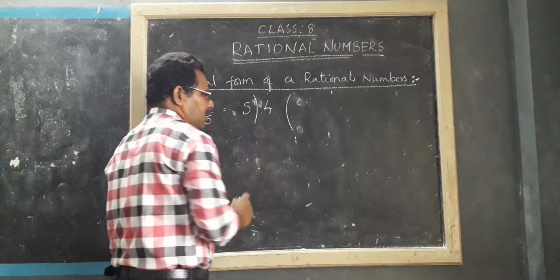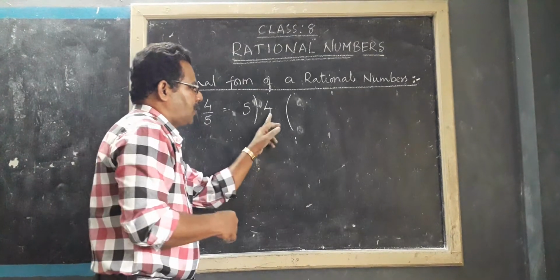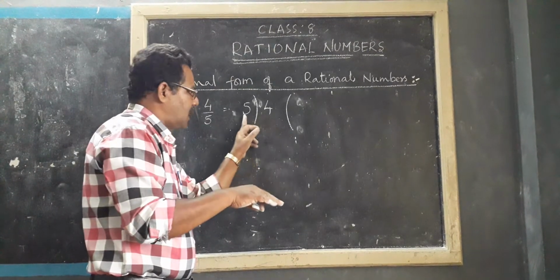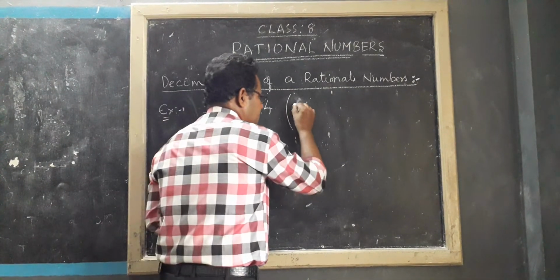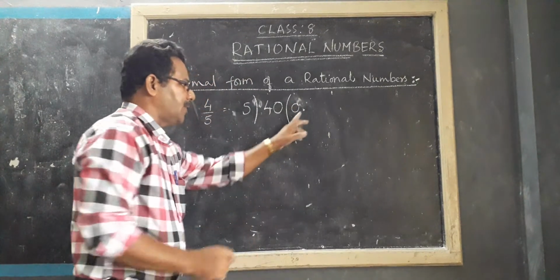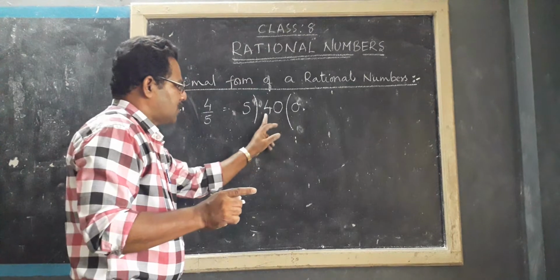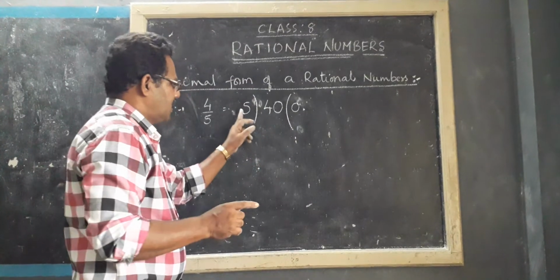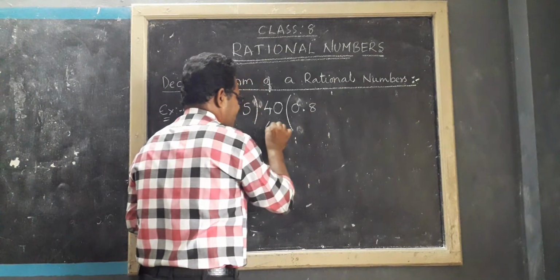5. In the 5 table, 5 ones are 5, 5 twos are 10, like that. But 4 is less than 5, so it is not possible to divide by 5. So what we will do is put a point here, and then we can write a 0. Now its value is 40. In the 5 table, 5 eights are 40.